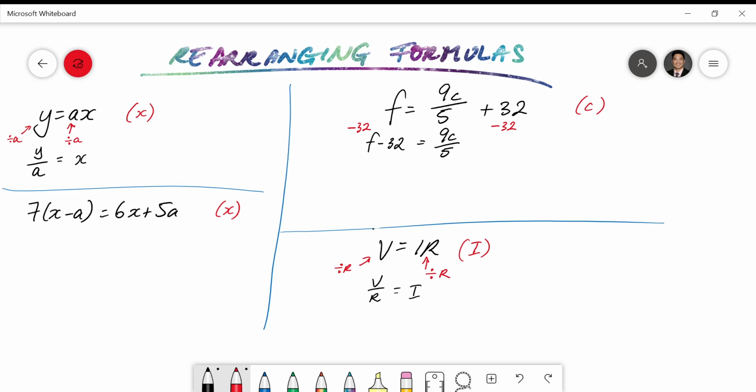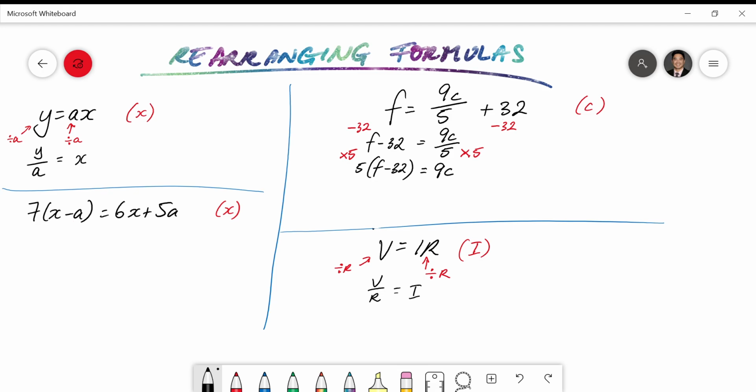So we've got a 5 in the denominator, and we're going to eliminate that first before we deal with the 9. Because the 5 is a division, the opposite is times, so we multiply both sides by 5. What we have here is 5 outside of f minus 32 is equal to 9c.